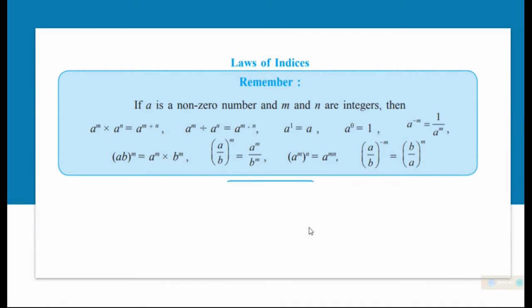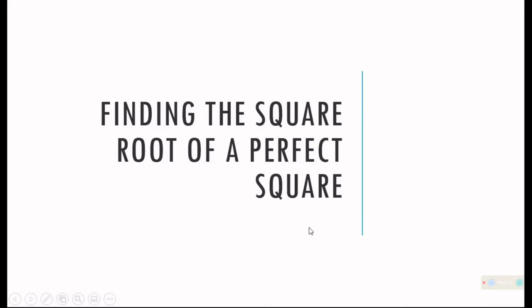In fact, the textbook is saying about the square root of a perfect square. Square root is also not a new thing for you. We know that 3 into 3 is equal to 9.